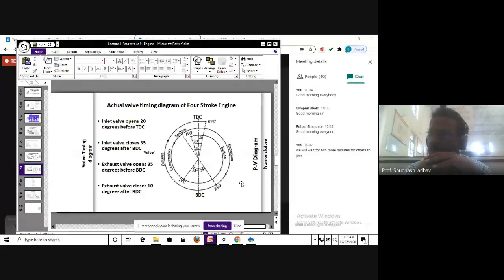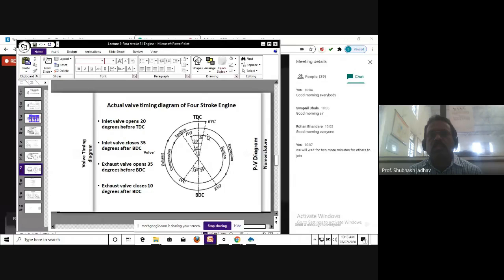And in this, we discussed why we go for opening and closing the valves early or late, and how it affects the timing diagram.